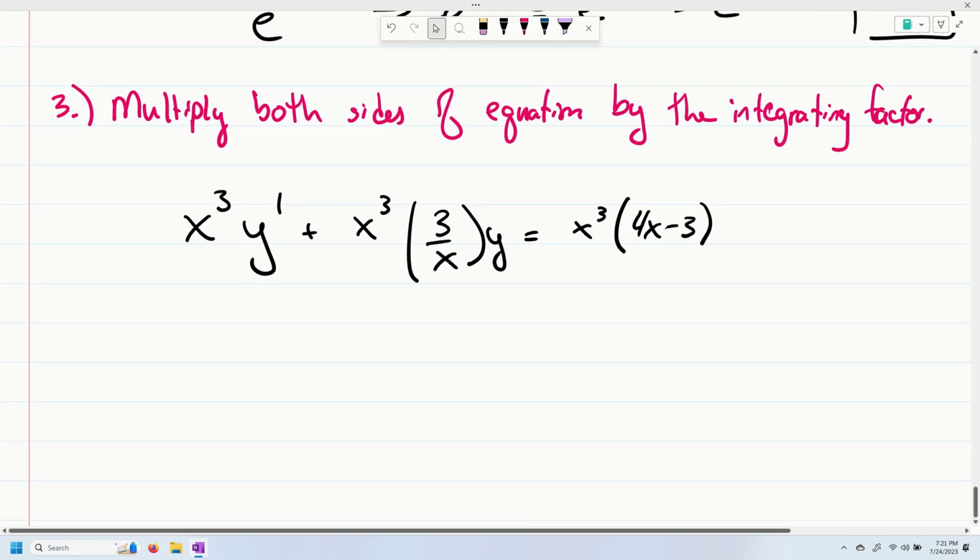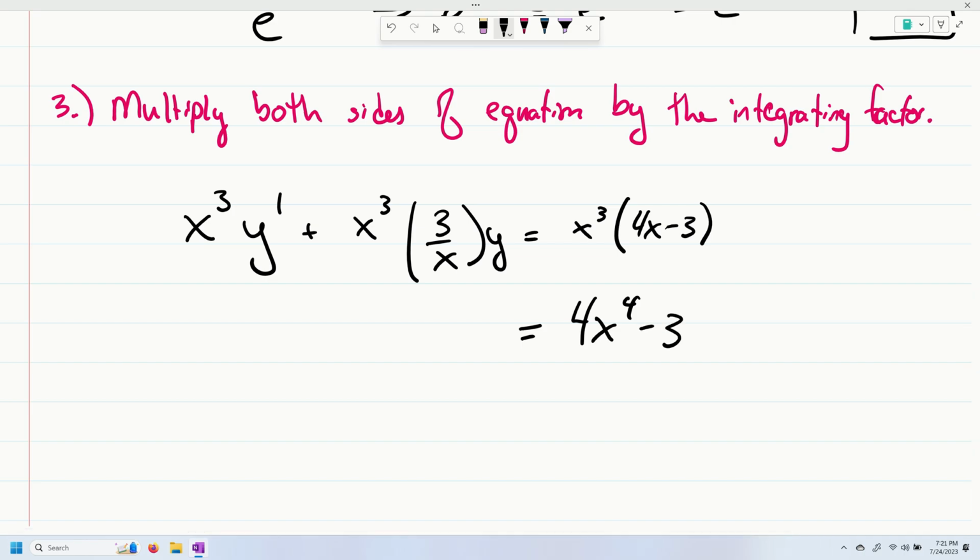Now the right-hand side of the equation is very simple. You get 4x to the fourth minus 3x to the third. That's real simple. But it's the left-hand side that creates all the beauty within this method.